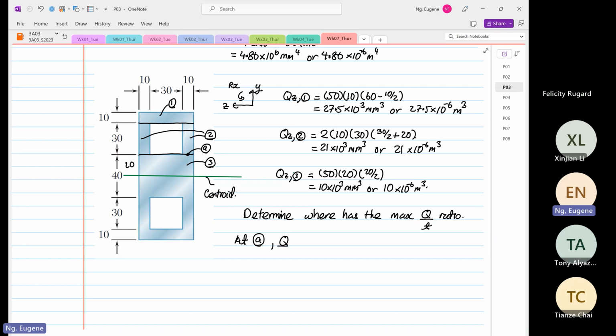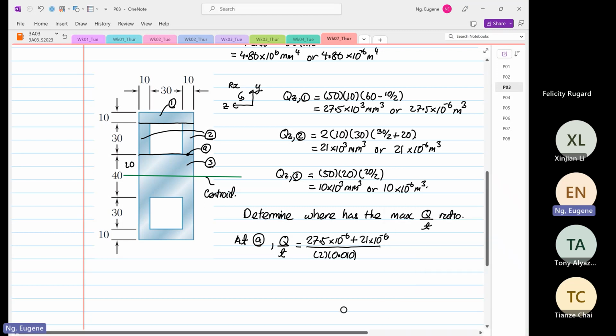So Q over T. At point A, the Q, you will have to do 27.5 times 10 to the power minus 6 plus 21 times 10 to the power minus 6. And the thickness now is twice 10 millimeters. Okay, why twice 10 millimeters? Because of the left and right web.